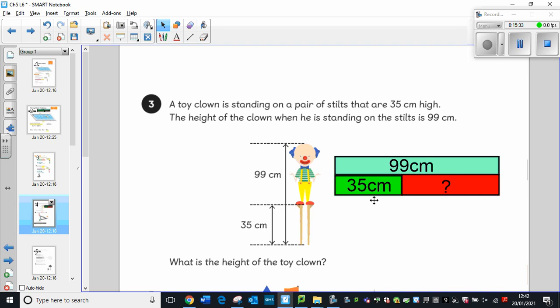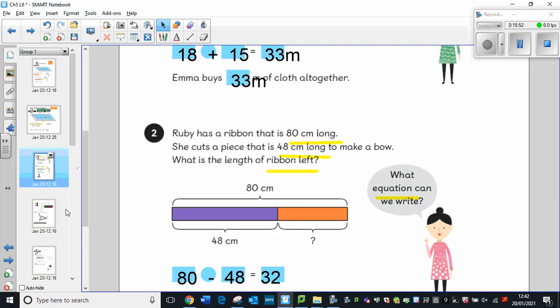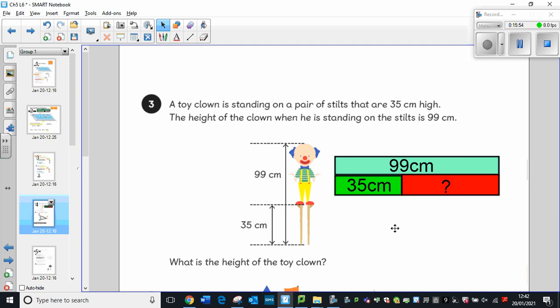Okay? So then looking at that, once again, it looks very similar to our question that we just did, was it the cloth? Let's have a look. Just skip back. Yes, to do with the ribbon. Okay? So it's a very, very similar question.